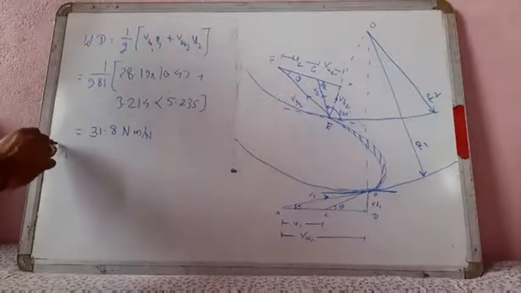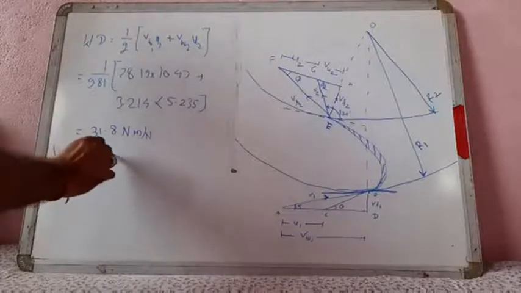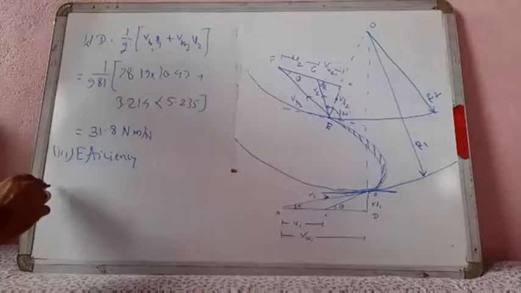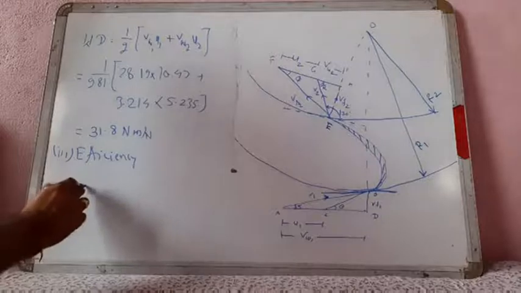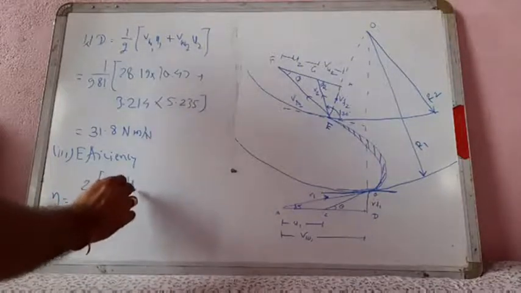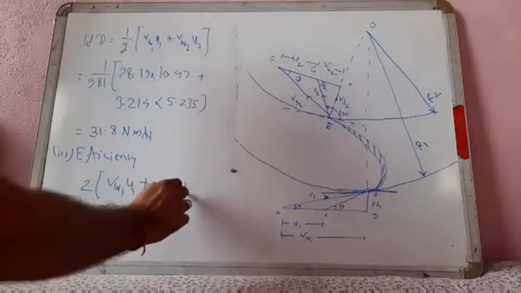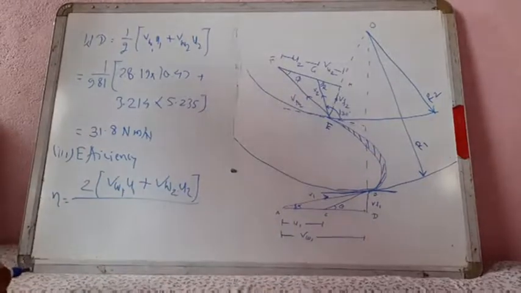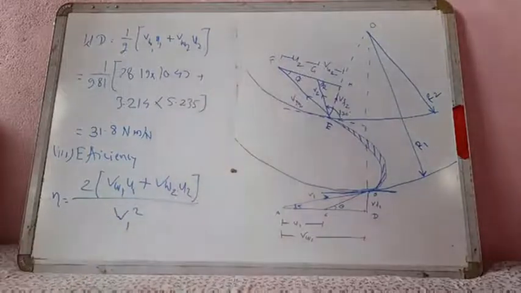Third, we have to calculate the efficiency. The equation is 2 (VW1 U1 plus VW2 U2) divided by V1 square.